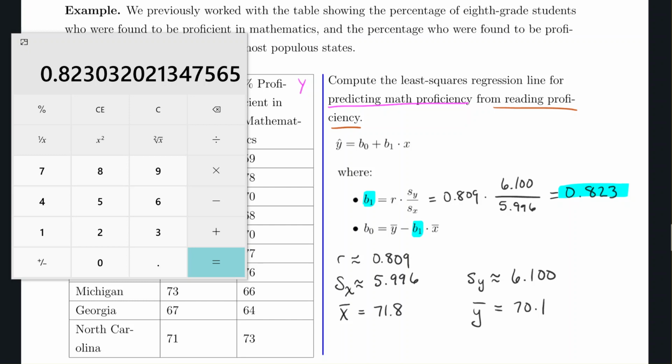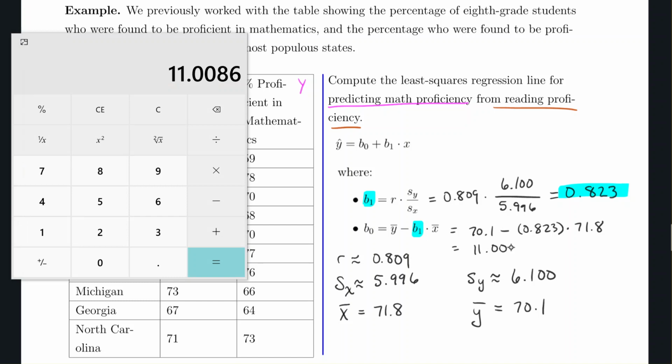Now that we know this value, we can use that along with our x bar and y bar to find b sub 0. It will be the y bar value of 70.1 minus the value we just found times the x bar value of 71.8. We'll calculate that. And we would get, to 3 decimal places, 11.009.